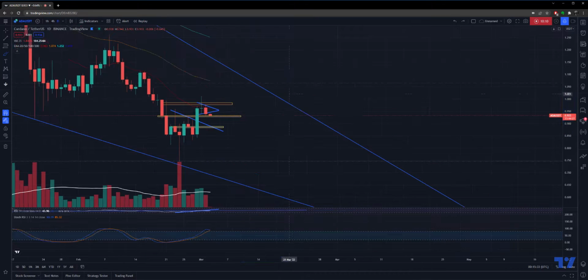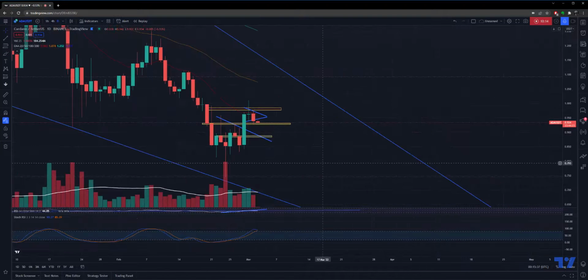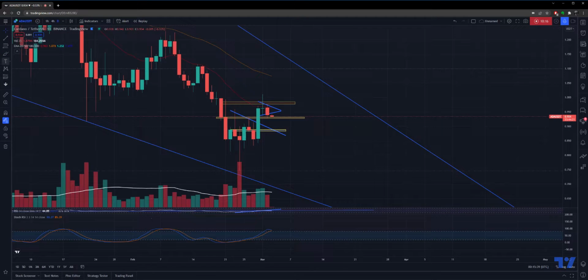Why is that? Because a lot of people are waiting for the price to go down again in order to enter the market, which means that most likely when it is going back down to these levels or even slightly above, so anywhere around 0.90 is going to be a good entry, because even if it goes lower than that, it doesn't really affect your entry too much, does it?